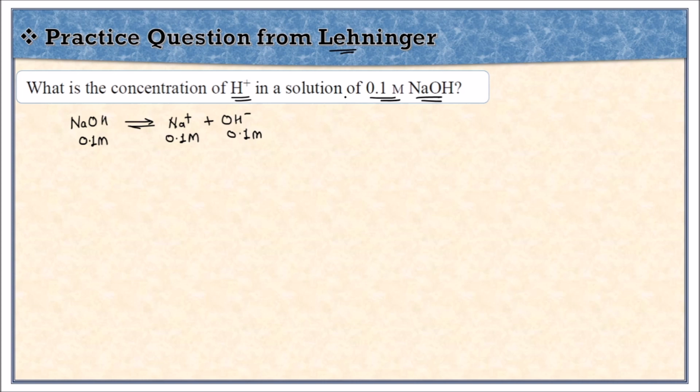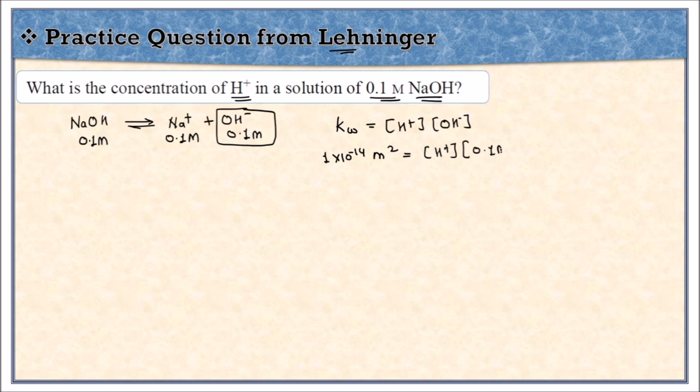Now we know the concentration of OH negative will be 0.1 molar, and we know that Kw, the ion product of water, which is H plus times OH negative, is constant. The value of Kw is 1 into 10 to the power minus 14 molar square, which equals H plus times 0.1 molar.